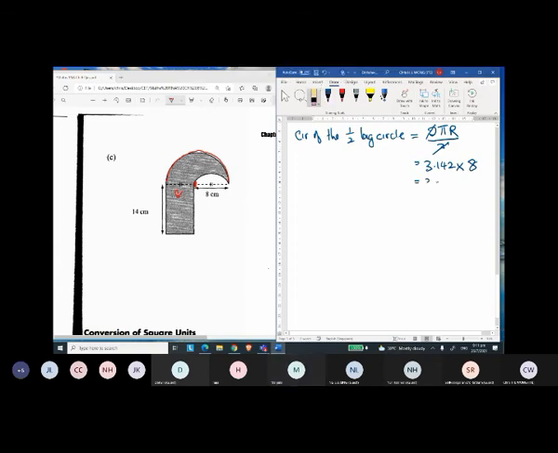25.136. 25.136 cm. Okay, now the circumference of the half small circle.